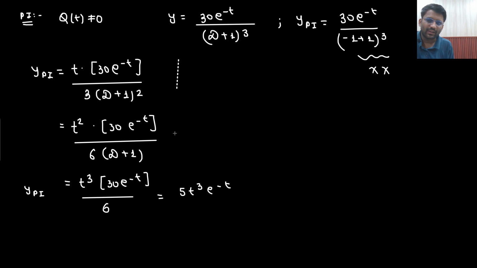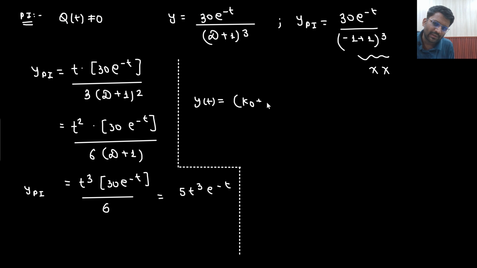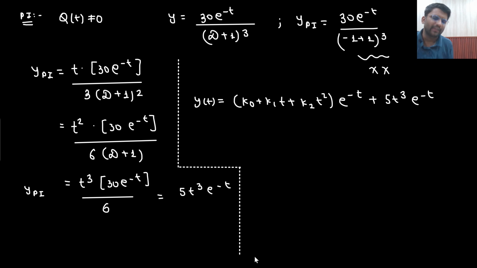So now, what will be your y? Y of t would be k0 plus k1t plus k2 t square, e to the power minus t, plus 5 t cube e to the power minus t.